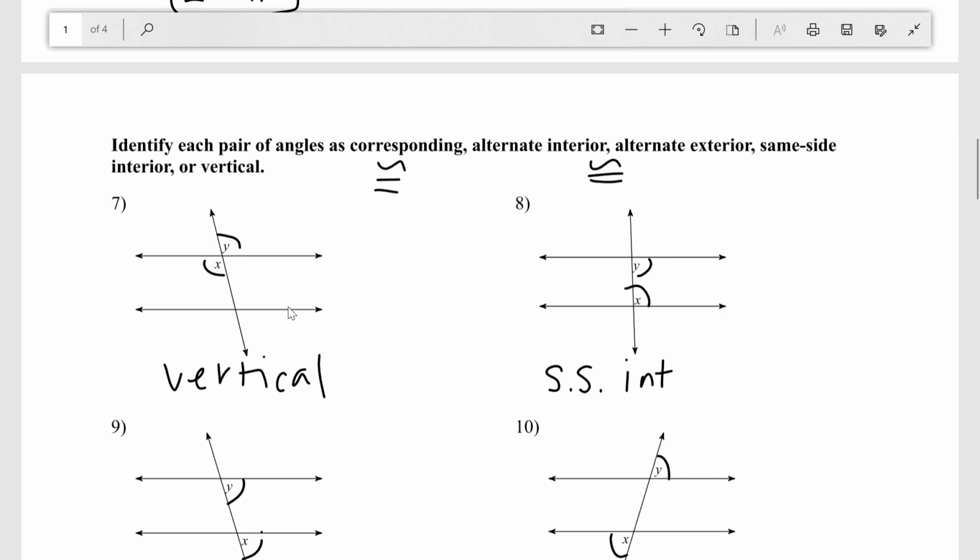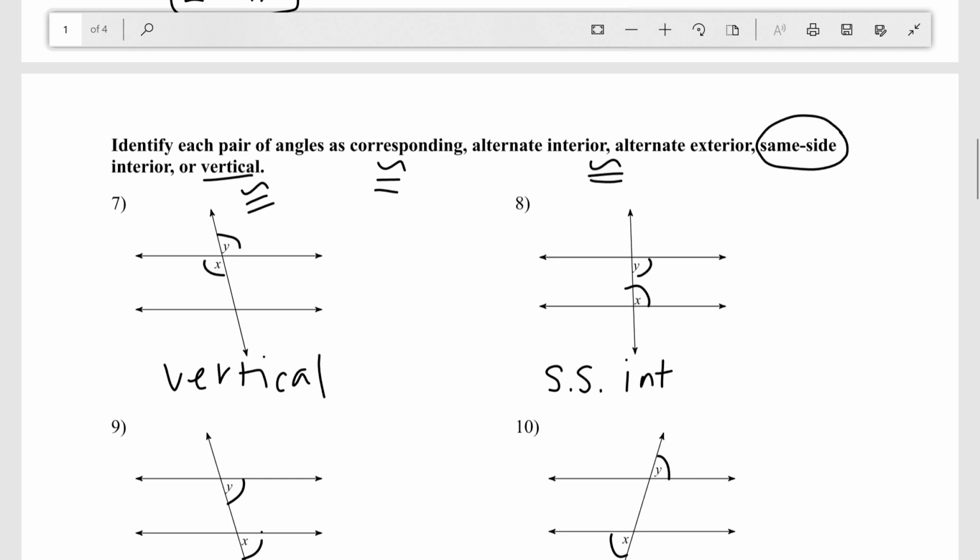The other one that is congruent is your verticals. Verticals, the ones like number 7 happening across from each other in a bow tie, are also congruent. The only different one is your same side interiors or exteriors.